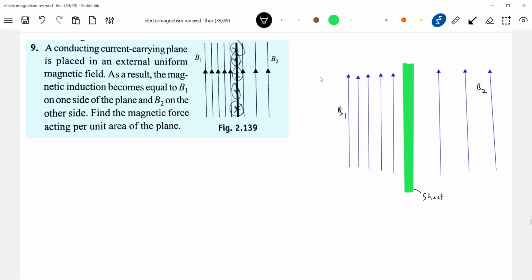The field on this side is B1. So definitely what happened, the external field we don't know, and some current is flowing inside this sheet. The resultant magnetic field above, on the right hand side, on the left hand side. Where the field is more, the spacing between the lines is less. So B1 greater than B2, looking at the diagram.